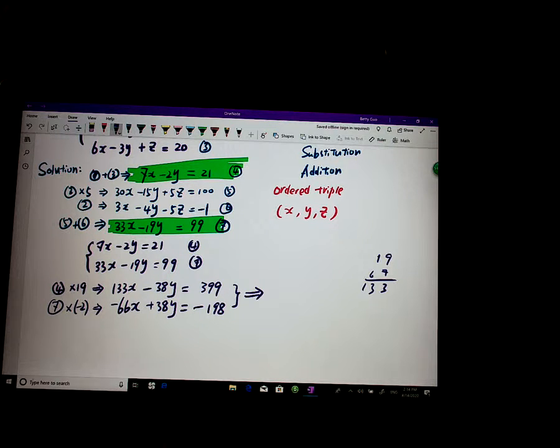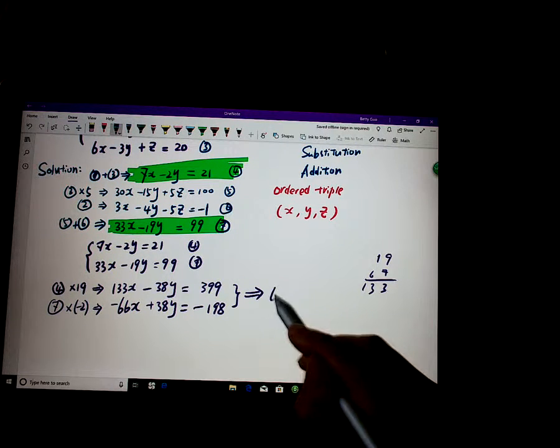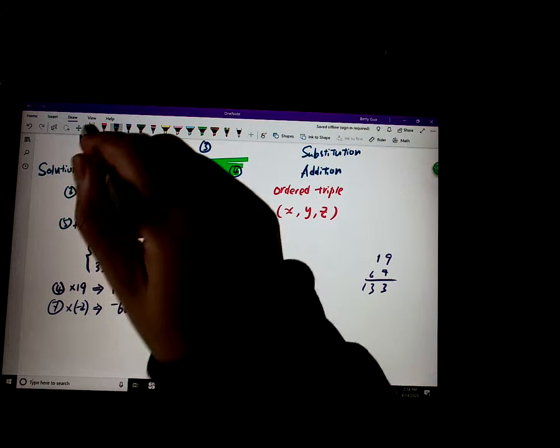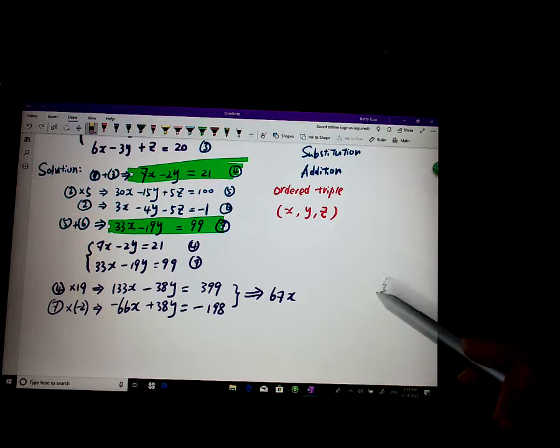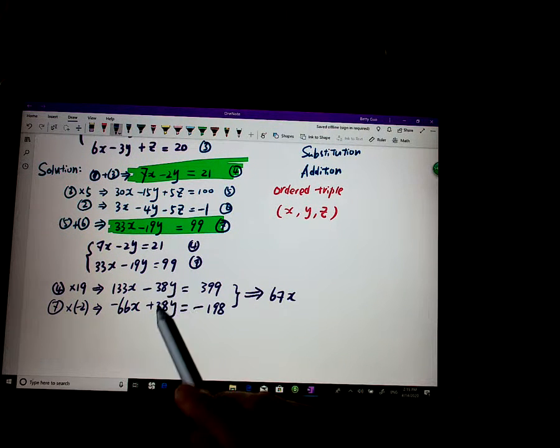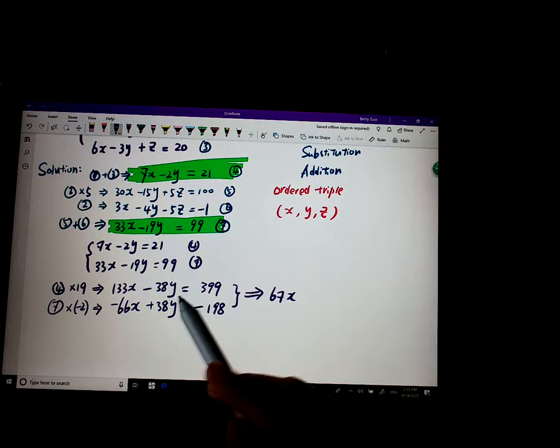133 minus 66, 67x. And the negative 38y and the positive 38y, they cancel out when we add them up.